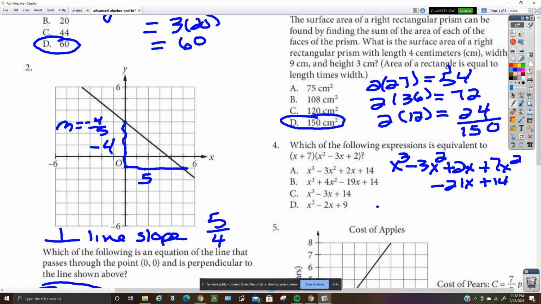So combining like terms, x cubed, and negative 3x squared plus 7x squared is 4x squared. And 2x minus 21x is minus 19x. And then plus 14. That's this one.